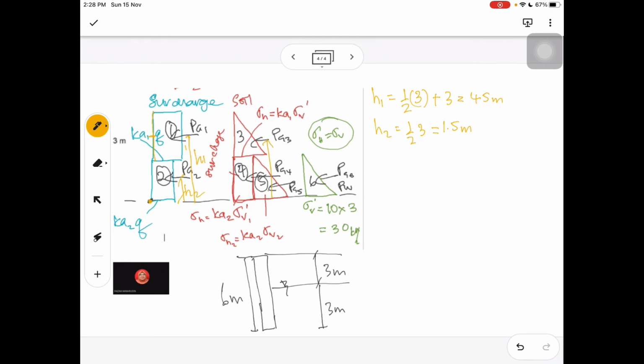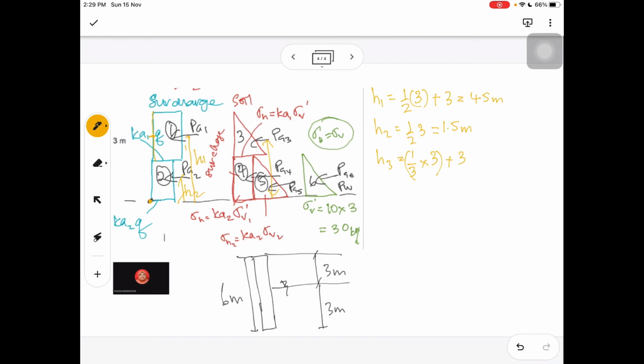Then H3. H3 is the height of this PA3. This PA3 is this triangular, this triangular number 3. So H3 is equal to 1/3 times the height plus 3 meter.